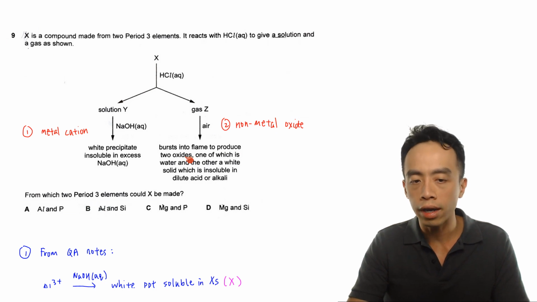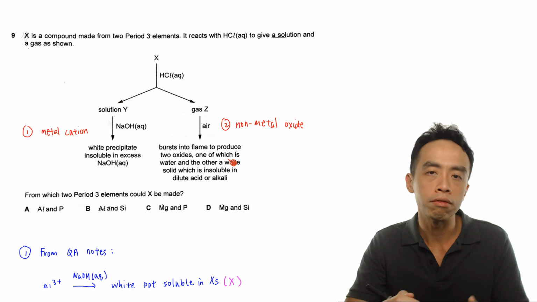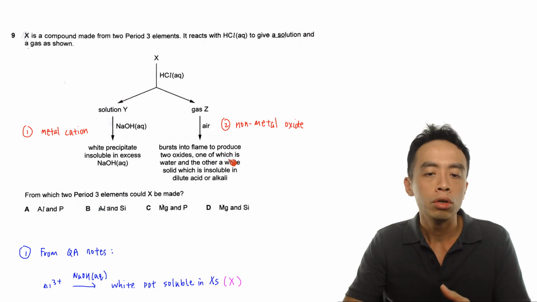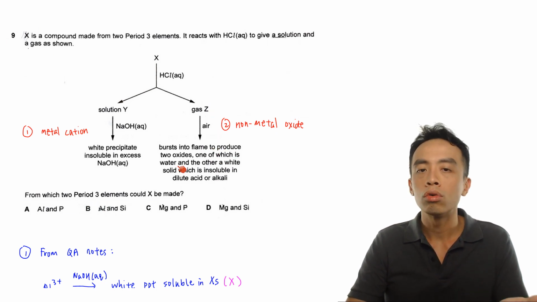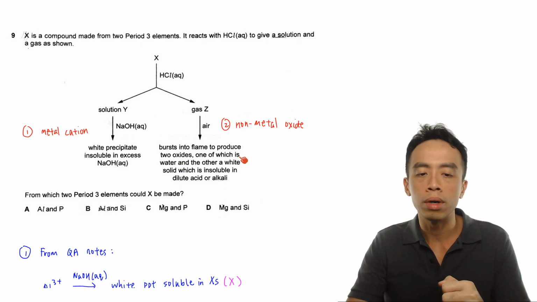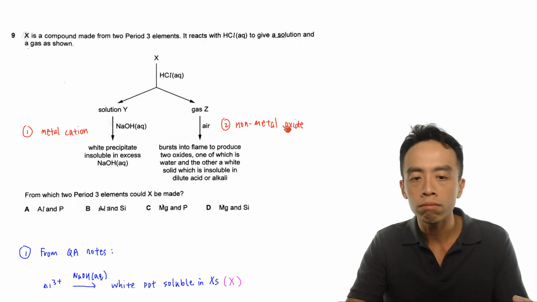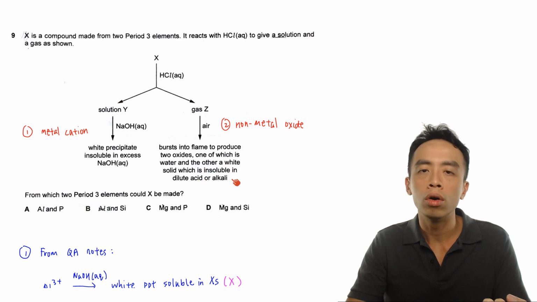Of course, this test is not a standard QA test that we can find in the data booklet, but you notice the question already tells me that I have two oxides based on this reaction of Z with air, one of which is water. So we don't need to care about water, it is already identified. We only need to worry about this white solid, so this non-metal oxide, which is a white solid, and it is insoluble in dilute acid or dilute alkali.